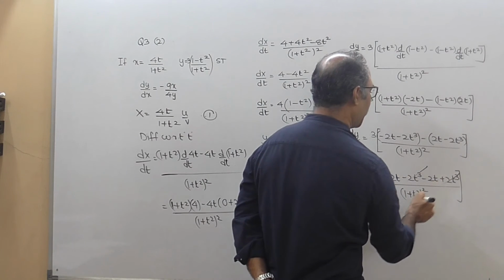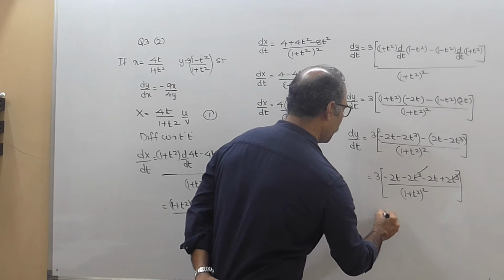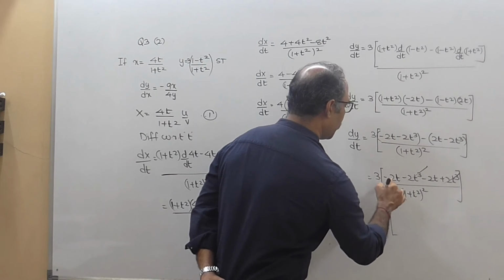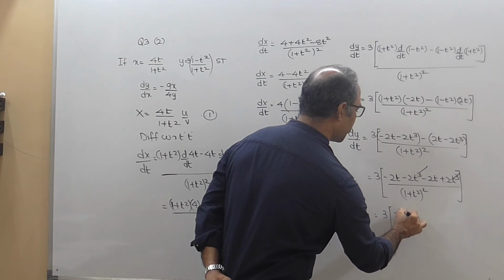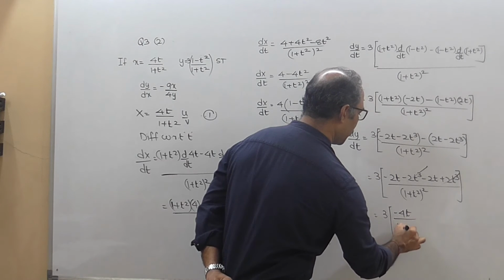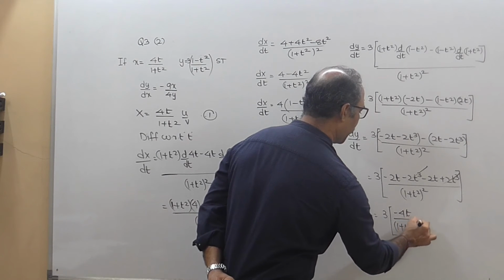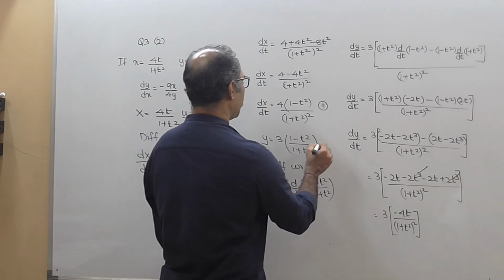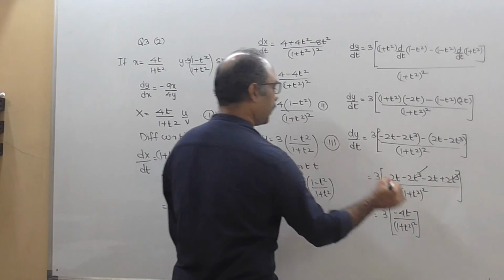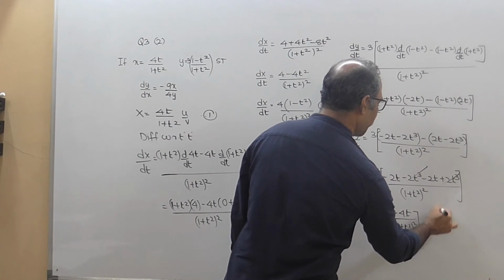The 2t cube and minus 2t cube cancel. You get 3 times minus 4t, the whole upon (1 plus t square) the whole square. We can name this equation 3 and the earlier one equation 4.